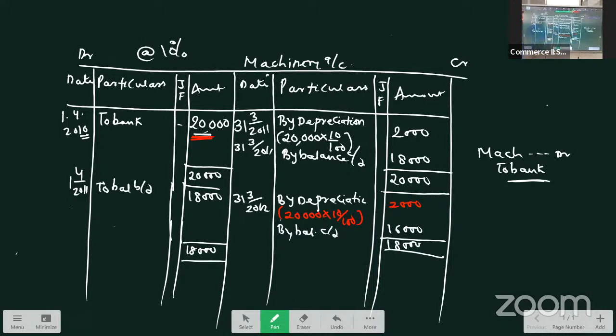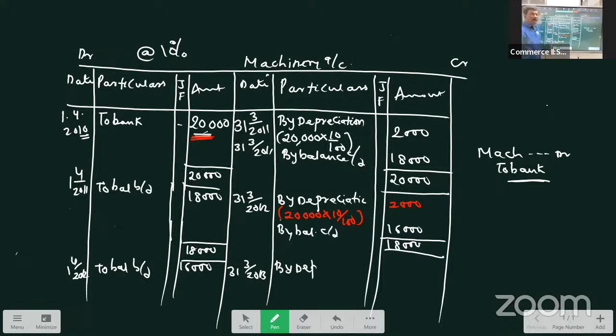Again for the next year, it would fall on 1st of April 2012, to balance brought down 16,000. Again, this would be closed on 31st March 2013. Again, we have to provide depreciation for this year.